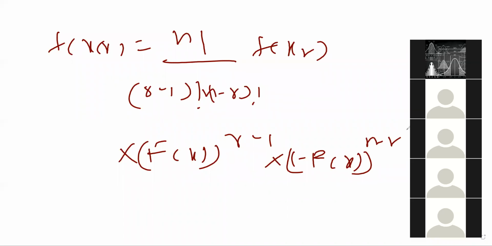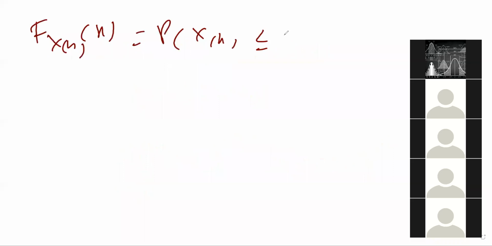I am going to teach you this again in detail; I have just tried to remind you to memorize this formula. But you should know how to find the distribution function for minimum and maximum. So xn, the maximum, should be less than x.